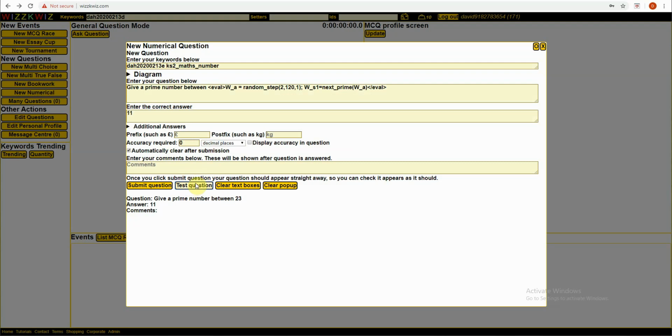Okay, but I don't want the next prime. I want between the equivalent of 8 and 12. But if WS1 is the next prime, then WS2 equals next prime WS1 will be the prime number after that.